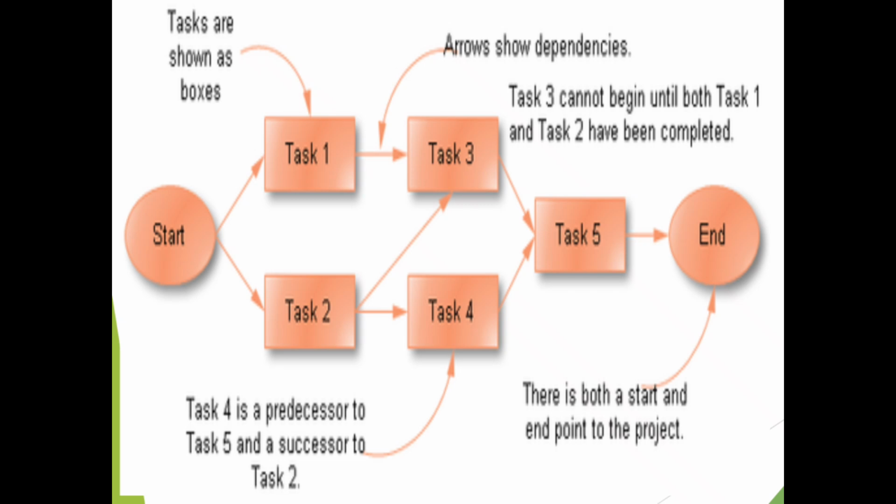On this example of a network diagram, we can see that work is starting here. There is a project that is starting here. Then that project has tasks: task 1, task 2, task 3, task 4, task 5.